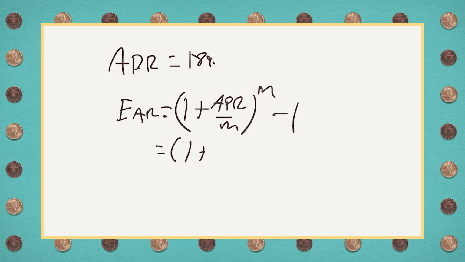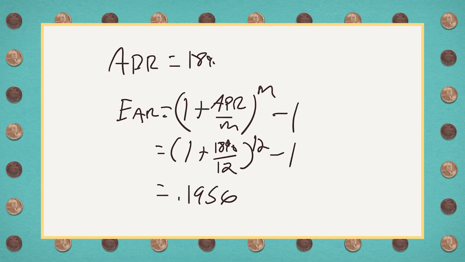That would be 1 plus 18% divided by 12 to the 12th power minus 1. And the answer to that equation is going to be 0.1956 or 19.56%. So when a credit card or another financial lender suggests that they have an APR of 18%, but compounded monthly, you can now understand that the actual rate you'll be paying would be 19.56%.